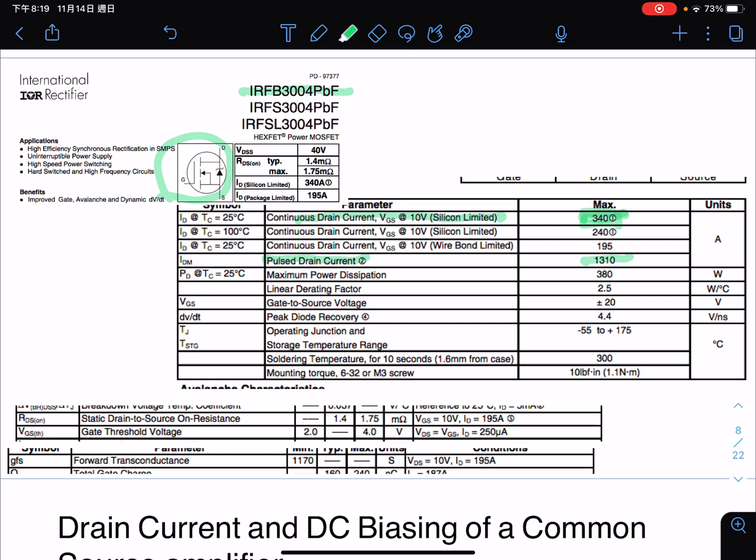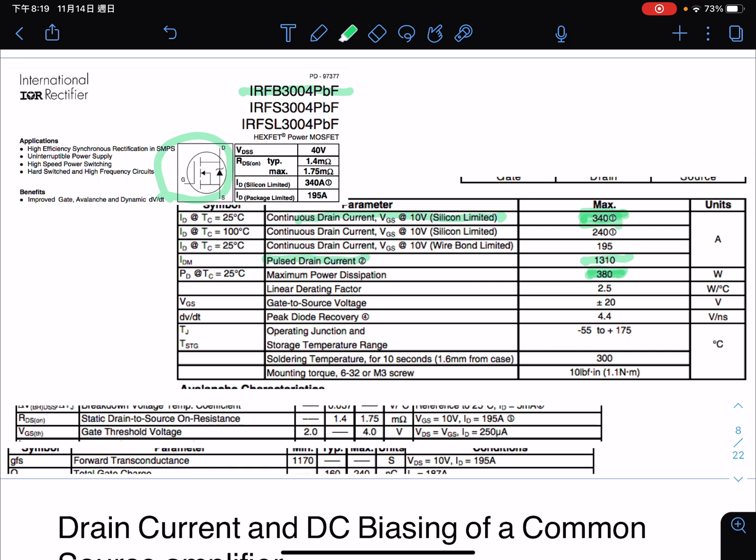This is much larger than the bipolar transistor we have seen. And this definitely is a power MOSFET used, for example, in motor control or some similar application. The power dissipation can be 380 watts.